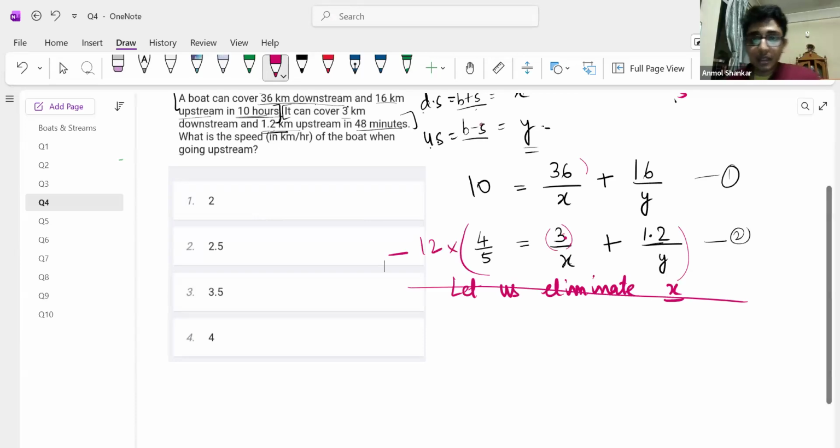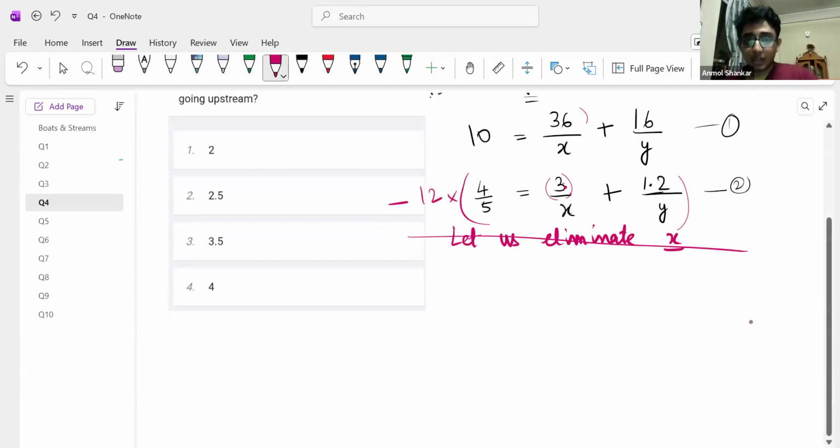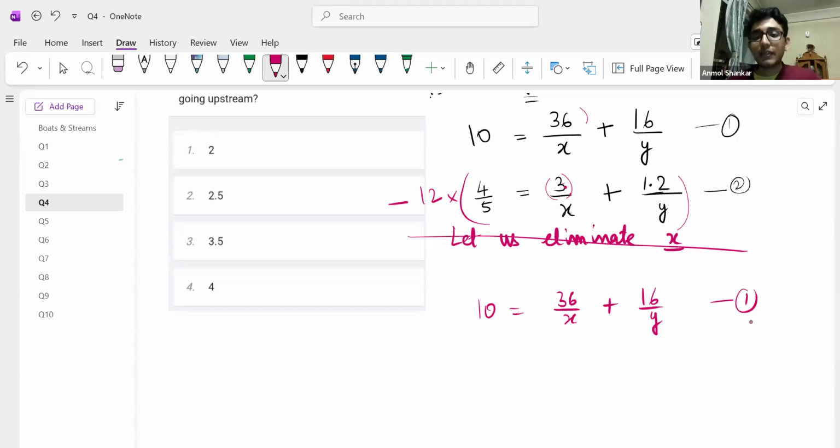Let me write the first equation again: 10 is equal to 36 by x plus 16 by y. I wrote the first equation as it is. The second equation, let us multiply everything by 12.